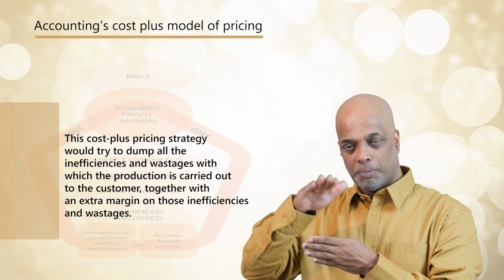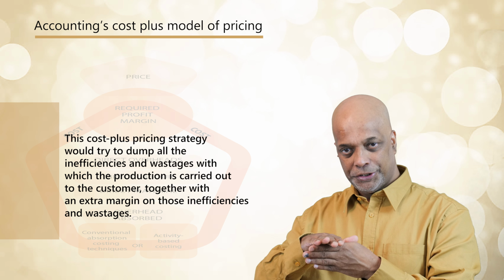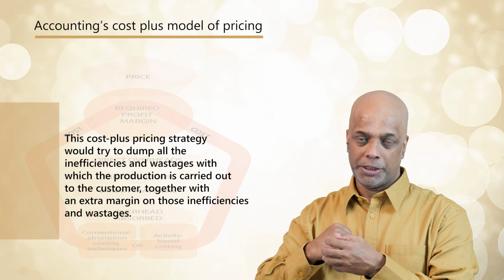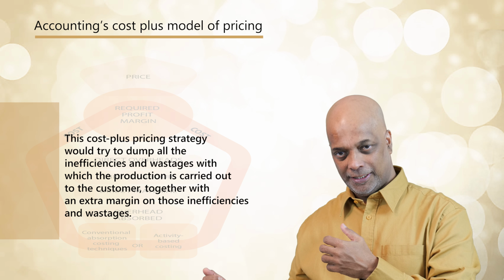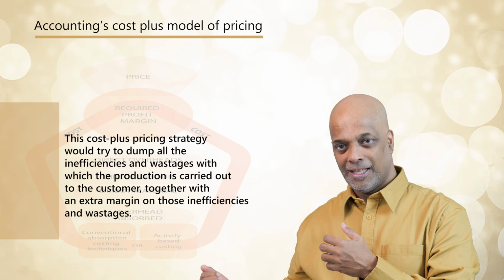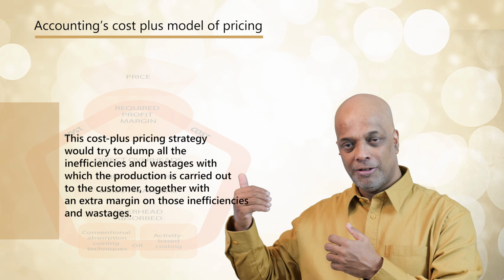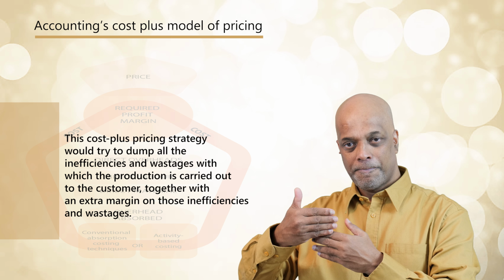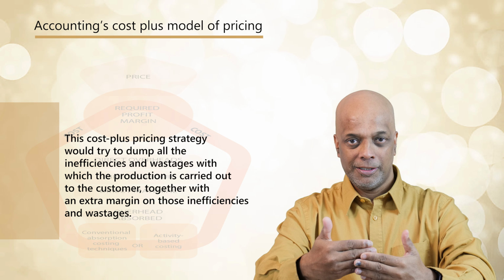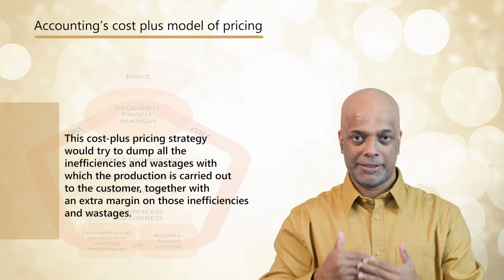And then, on top of that cost, as a percentage, you would add your profit margin. That means your profit margin will also include a percentage of all these inefficiencies and all these wastages. And you would profit from your own wastages and inefficiencies. And then you ask your customer to pay that price.